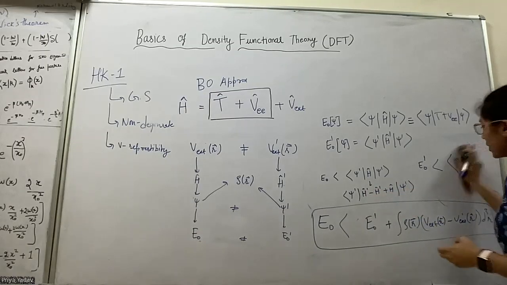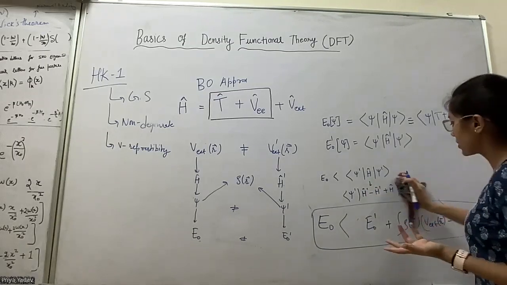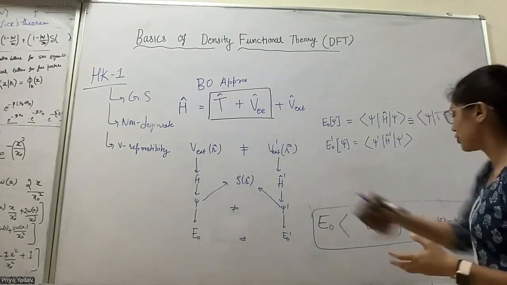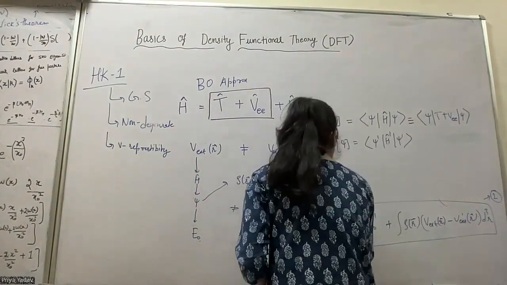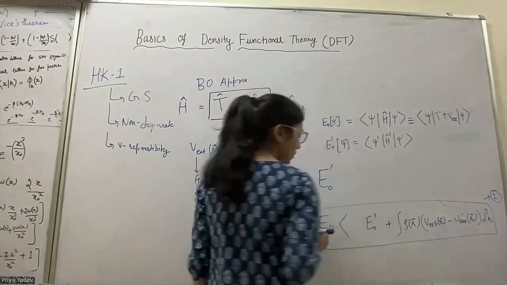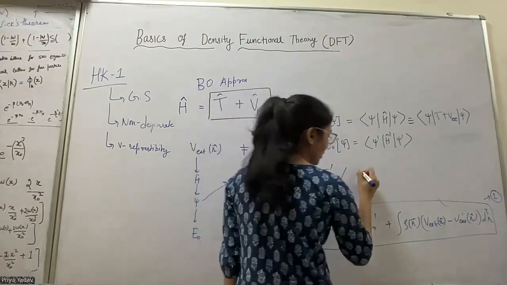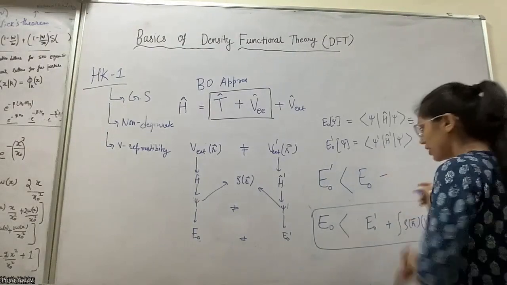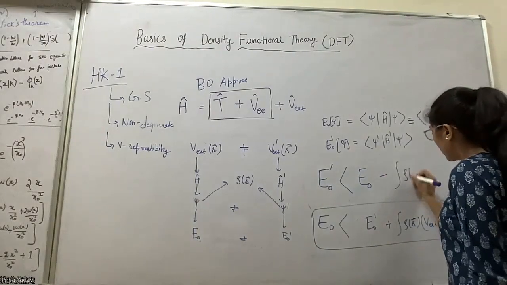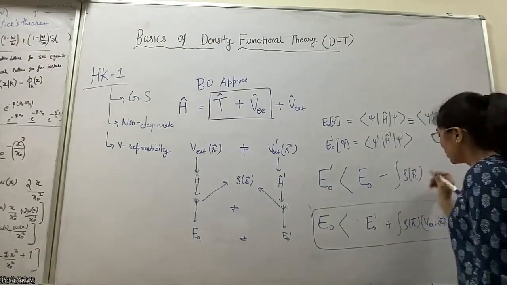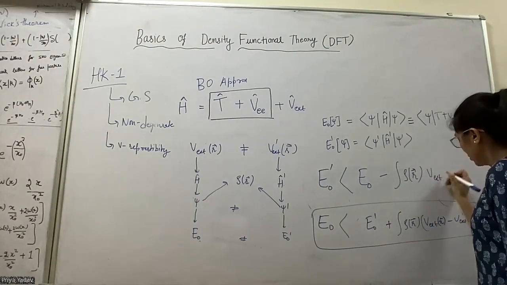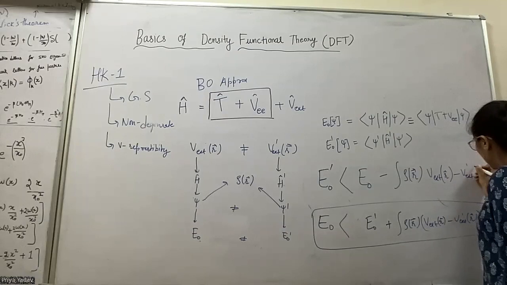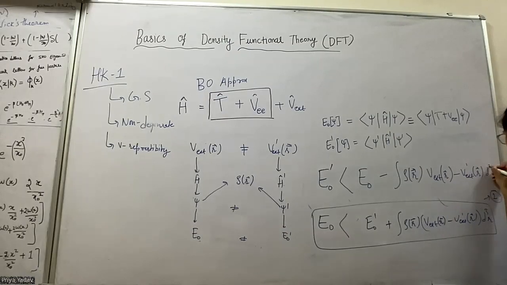I'll directly write the equation because it is almost similar: E naught prime is less than E naught minus the integral of rho r times V external r prime minus V external r d3r.